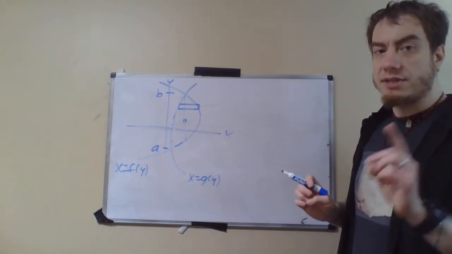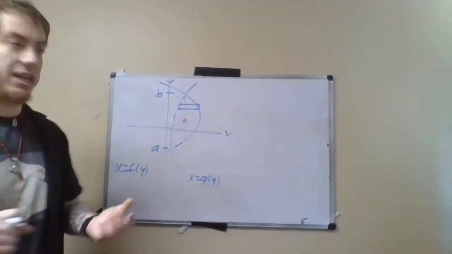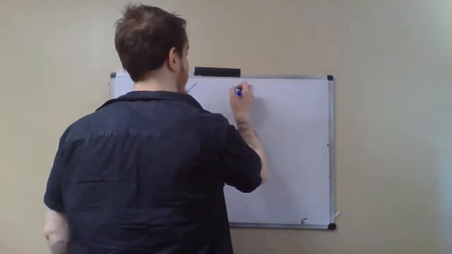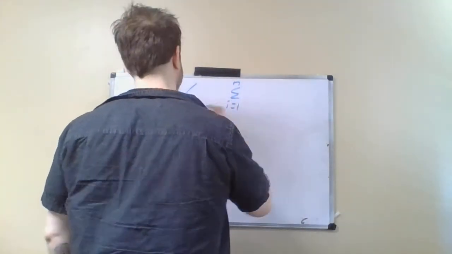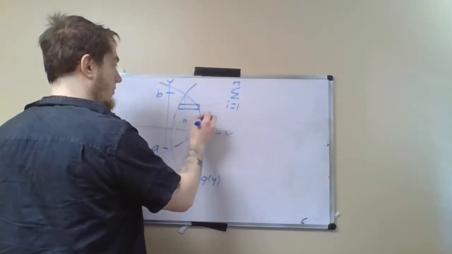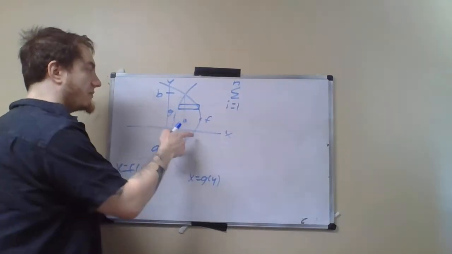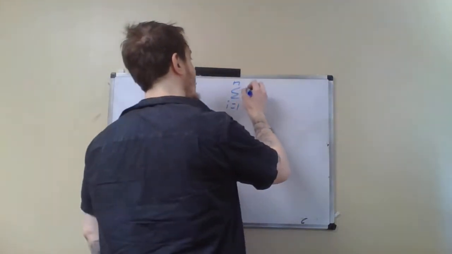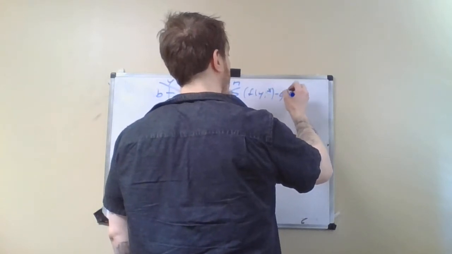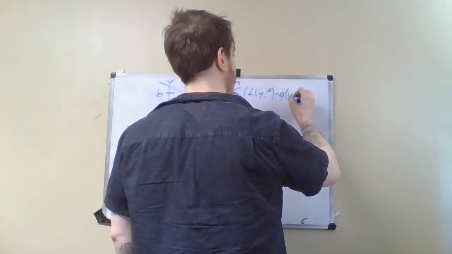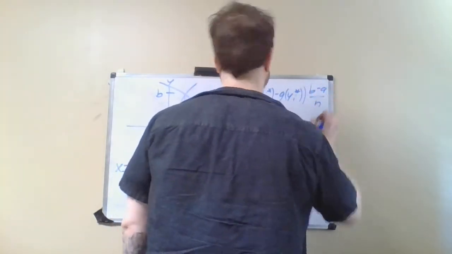The only difference, and this is literally the only thing that changes, is that the x's and the y's get interchanged. So what I end up with is the sum from i equals 1 up to n of the right curve, notice that f is on the right and g is on the left, so f evaluated at y_i star, minus the leftmost curve, g evaluated at y_i star, multiplied by (b minus a) over n.